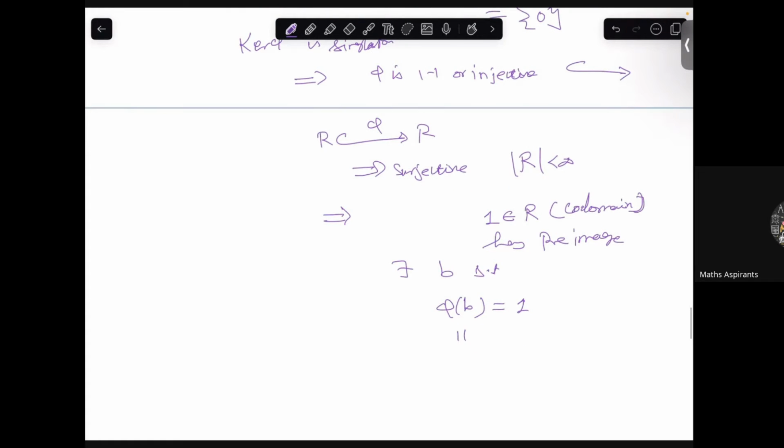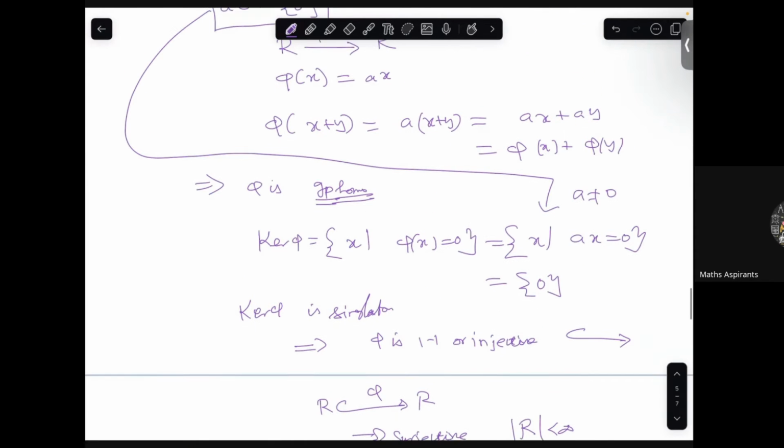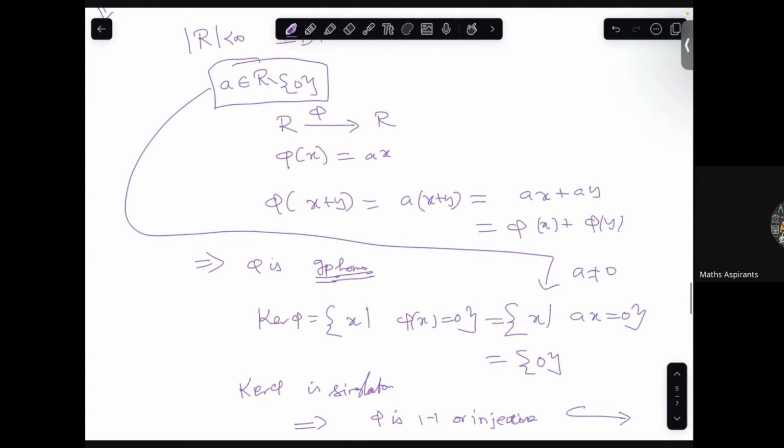But that is the same as saying a times b is 1, and because R is commutative, ba is 1. So this implies a has an inverse. That means a is a unit. So every non-zero element, since I have taken a as arbitrary, is a unit. Try to understand.